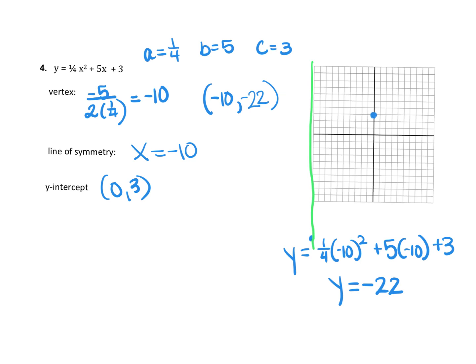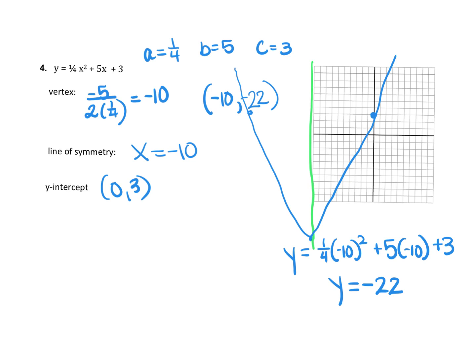And then you'd end up having this point all the way over this way. And so you'd have this parabola, which we completely ran out of room on. It would probably look a little more rounded than that, but you get the idea. All right, so now we've graphed that one.